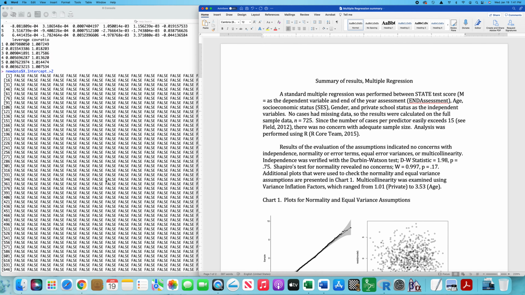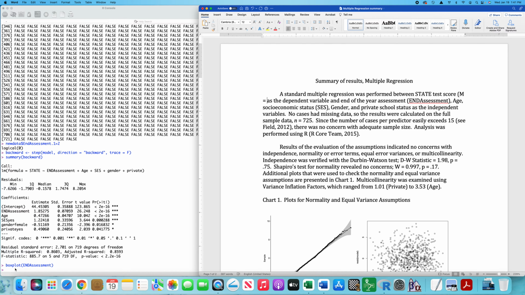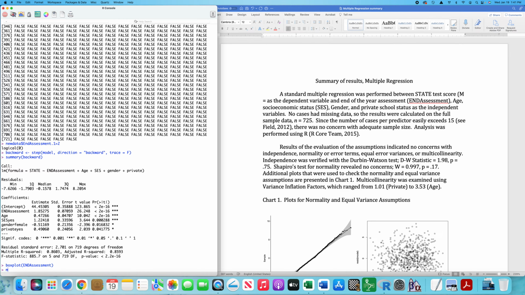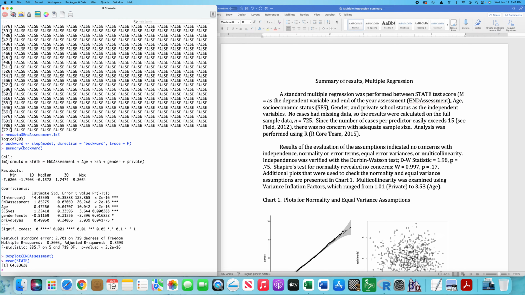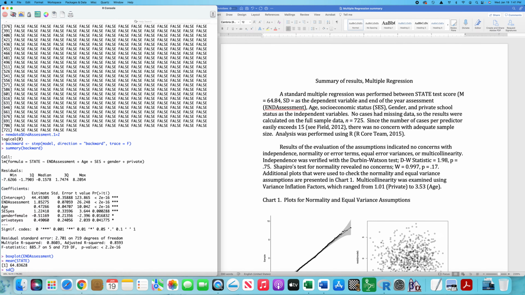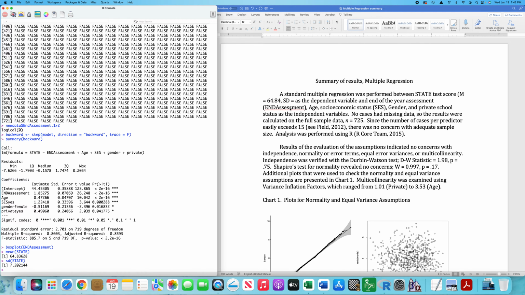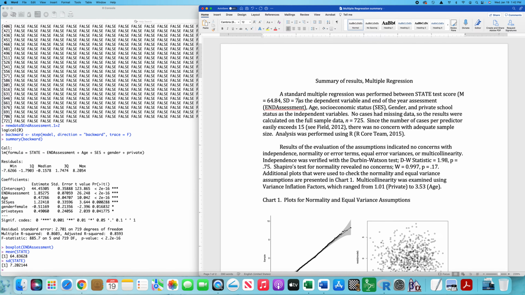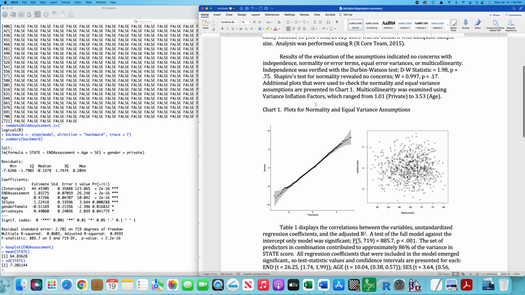So let's just go grab that. So 64.84, and standard deviation 7.20. Again, a lot of different ways you could do this, but that seems as reasonable as any.